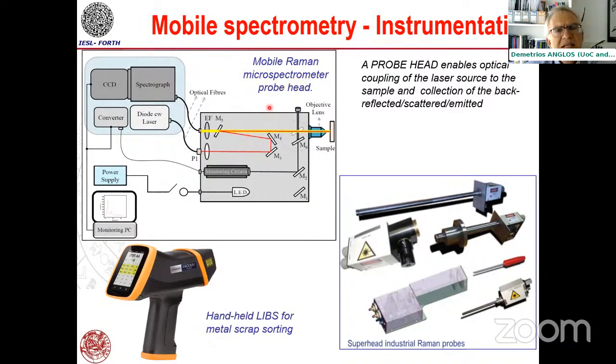So we can see on the left hand side of the slide the mobile Raman microspectrometer. This is something that we have in the lab, but it's a common instrument, probe head. And there is a laser source, which is fiber coupled to the probe head through a number of optical parts inside the probe head. The beam is directed through an objective lens onto the sample.